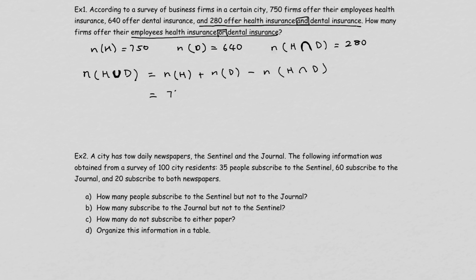So that's going to be 750 plus 640, and because by adding those two sets you're using the intersection twice, you need to subtract that one intersection. This will give you 1,110. This means 1,110 businesses offer health insurance or dental insurance.